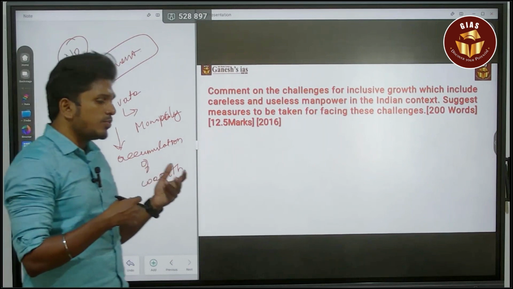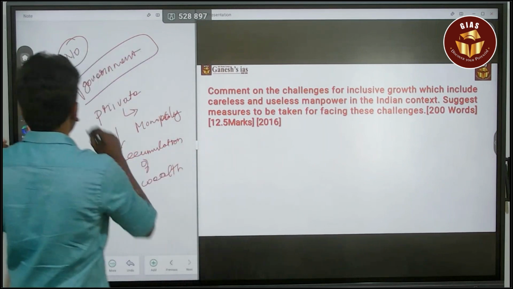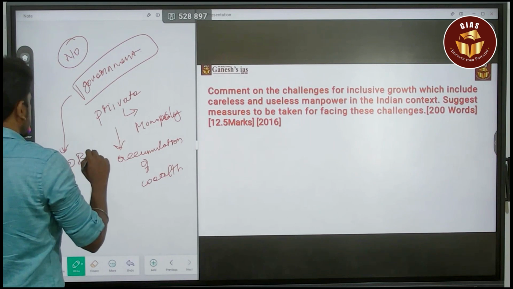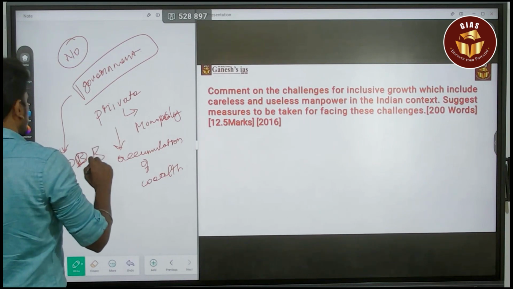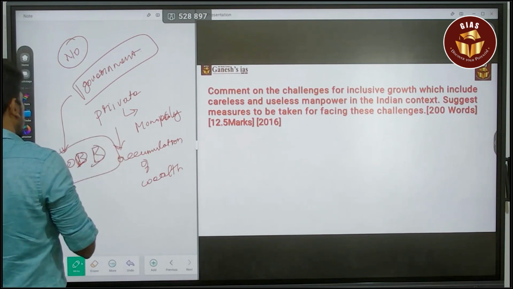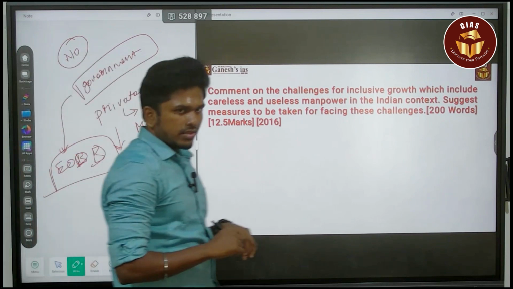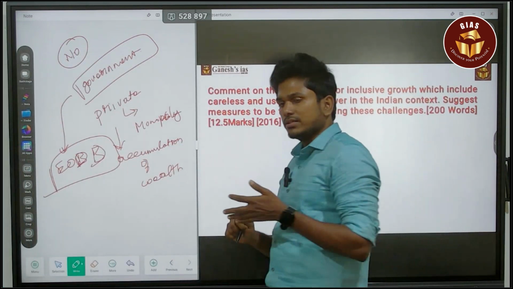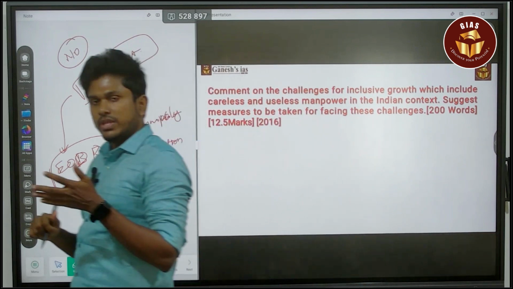There is delay in approving certain projects. You can quote the ease of doing business index. Currently there is no such thing. The World Bank released it earlier, but now they have stopped it.